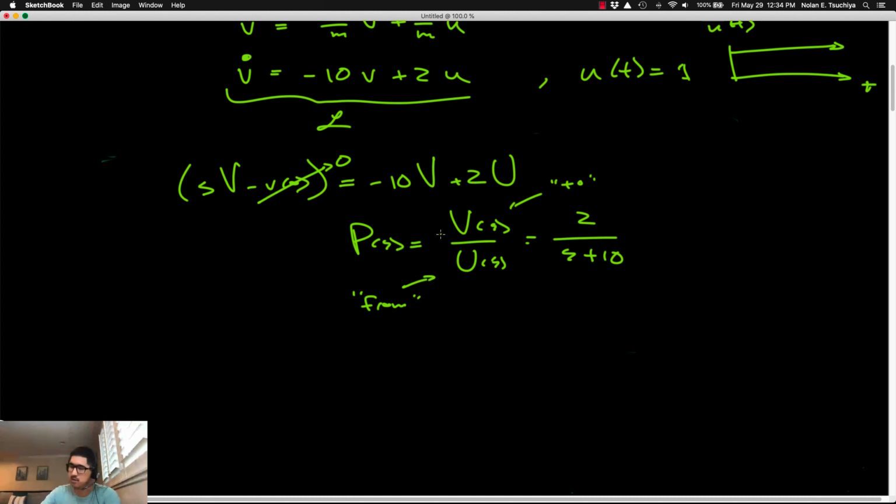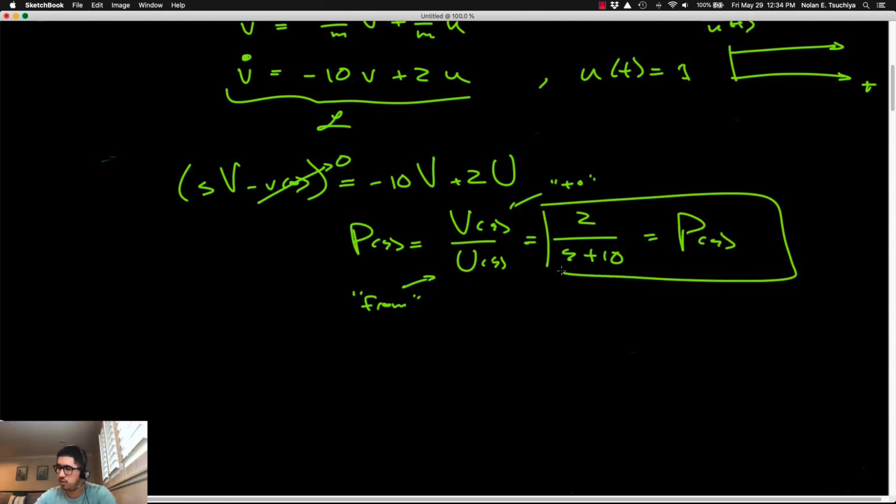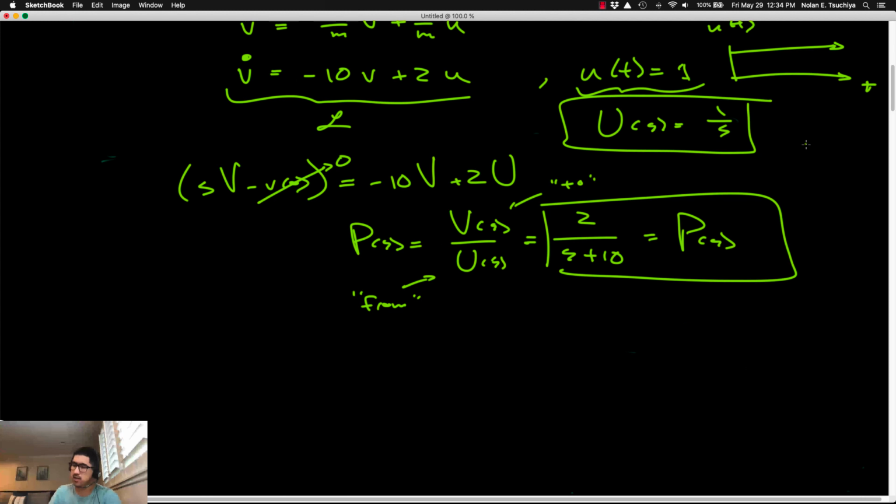Okay, but so I've got the transfer function p of s, which represents the transfer function from u to v, and I know the input u of t is equal to 1, which means by taking the Laplace transform of this, I can see that U of s equals 1 over s. And that's a key point to be made here, is that I basically have an equation.